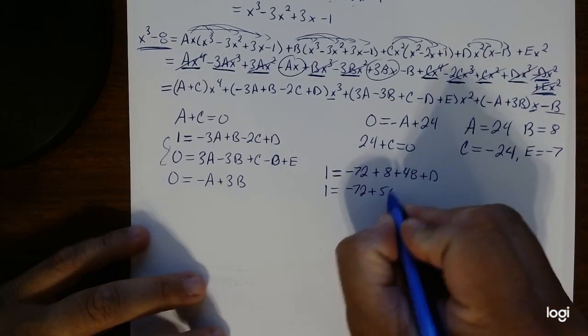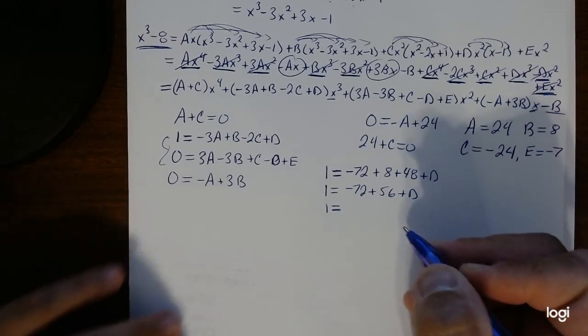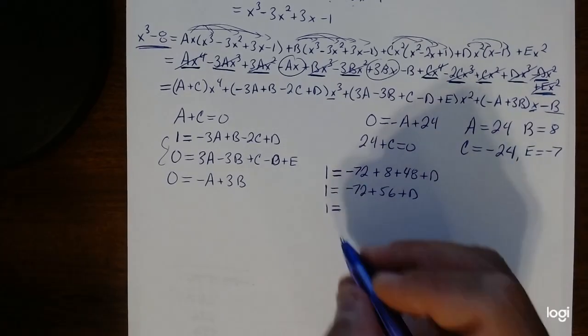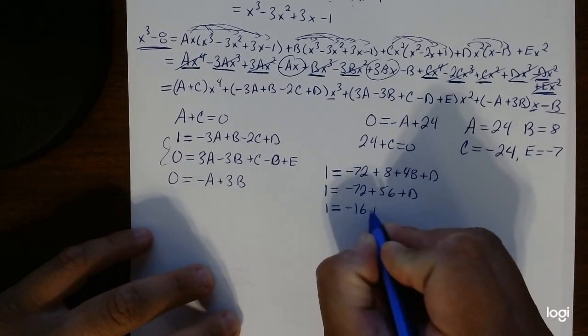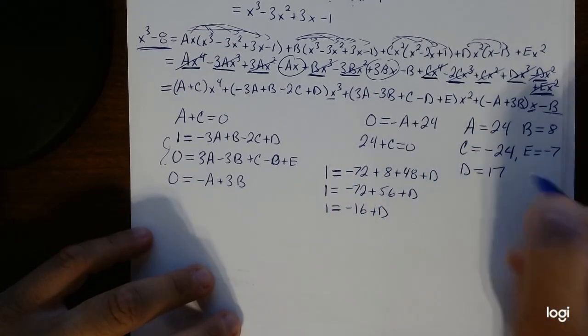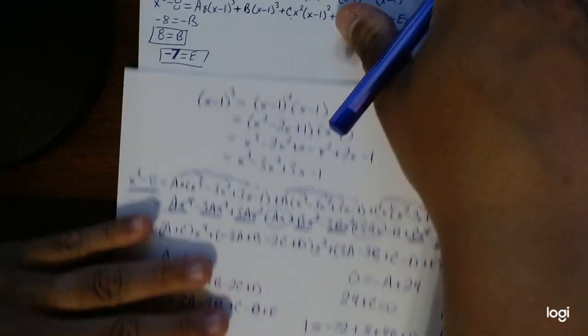That's going to be 56. I believe that is 16. Yeah, 16. Subtract it over, so d must equal 17. And there we go. So finally, we can have our answer.